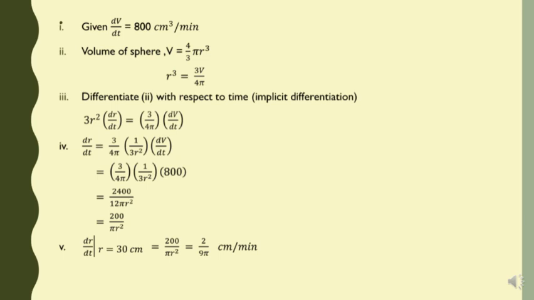Finally we get 200 over pi r squared, and we substitute r equal to 30 cm. So the last answer is 2 over 9 pi centimeters per minute, which is how fast the radius of the balloon increases.